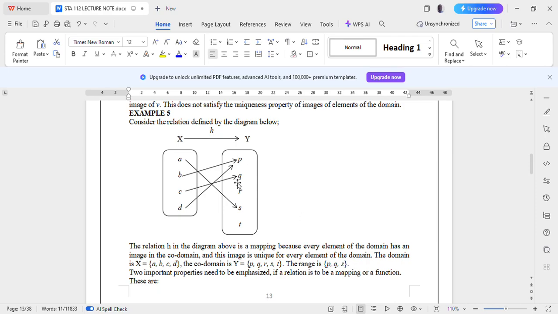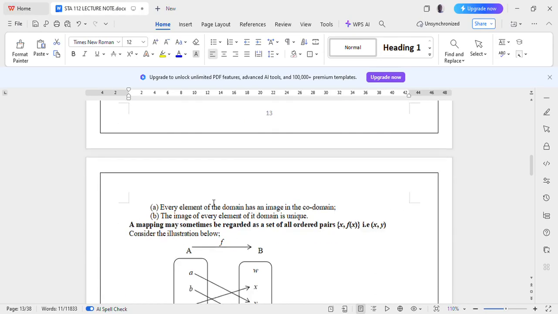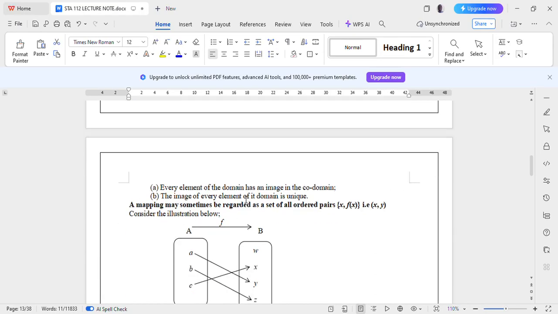So P, Q, S, they are the range. So two important properties need to be emphasized here if a relation is to be a mapping or a function. Every element of the domain must have an image in the codomain, and the image of every element of its domain is unique.